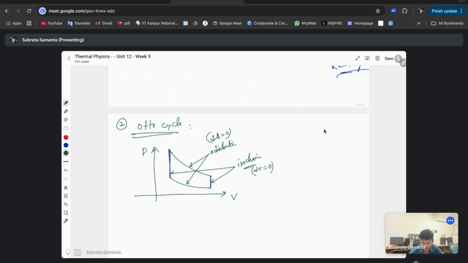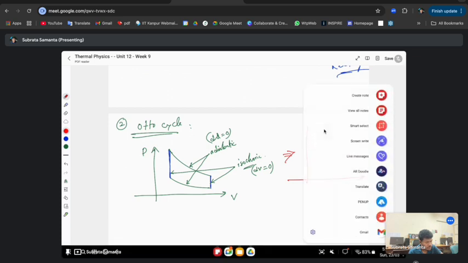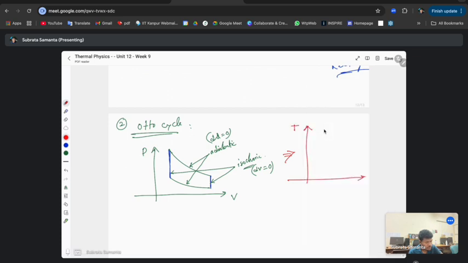So if we translate this into the TS plane, how does it look? First put numbers 1, 2, 3, 4.